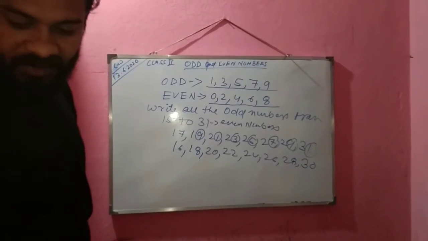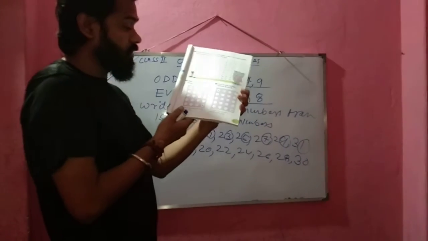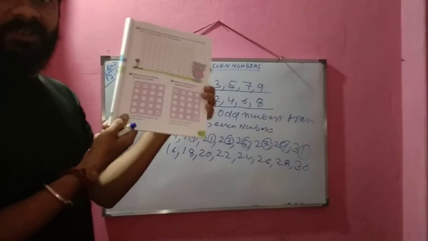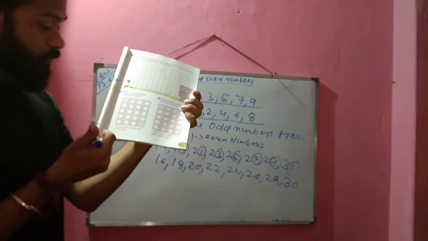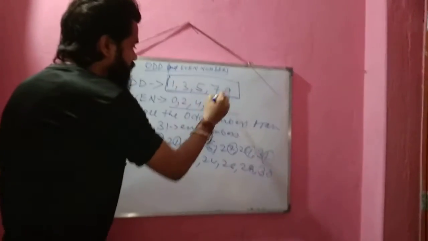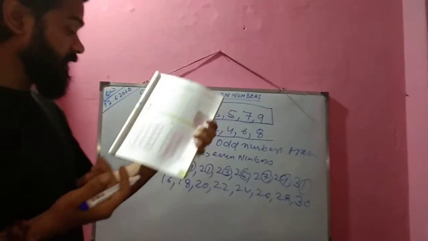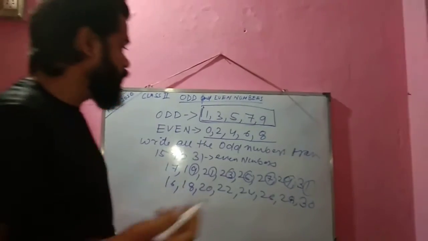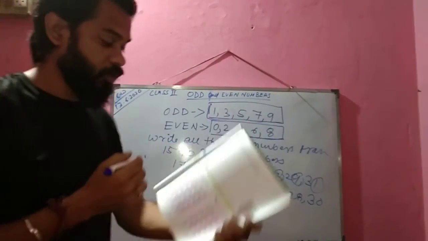I hope this is clear for you from the previous classes. Here you see, write all the even numbers between 22 and 60. You have to write all the even numbers, which don't have those 5 odd digits at the ones place. If they have those 5 numbers, then it will be an odd number. Here it is asking for even numbers from 22 to 60.